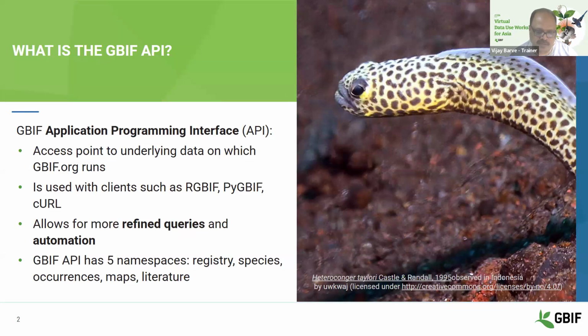It is basically an interface through which computer programs can talk to the GBIF website and the GBIF data servers to get the data. It is used by different clients, like R or Python or Perl, to talk to the GBIF API.